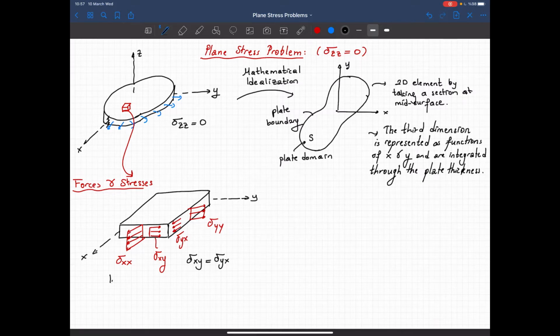So our in-plane stresses are as follows. We have stress xx, stress yy. These are two axial stresses, and we have a shear stress. Now these are the stress definitions on this 2D truss member. We no longer call it a 2D truss member, but we call this type of element a membrane element.